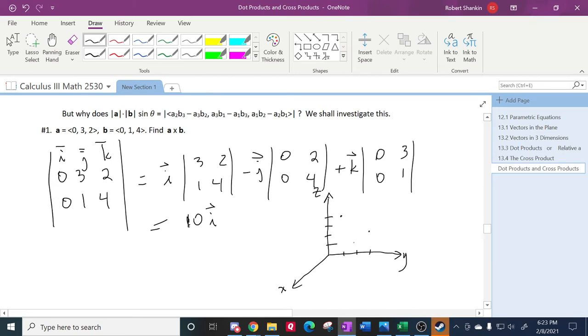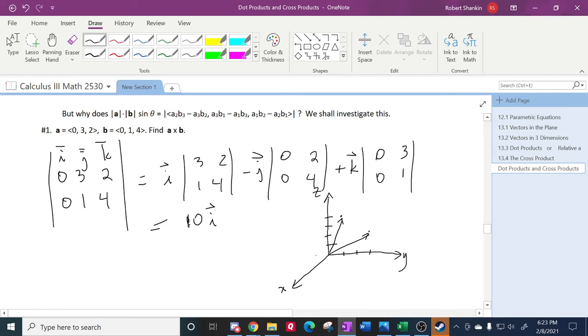So imagine vectors coming out to here and up to here. But they're on the blackboard. And a vector that's orthogonal to both is going to be along the x-axis, 10I.